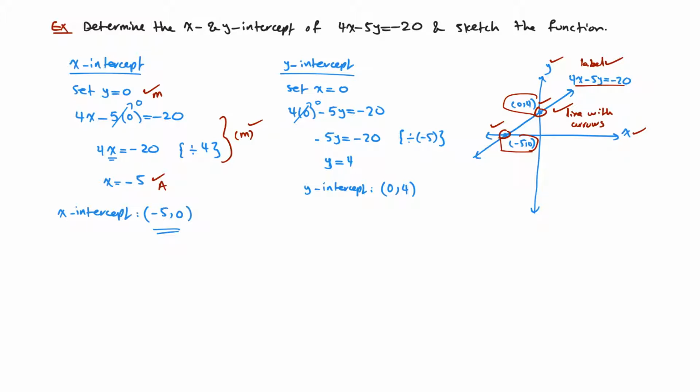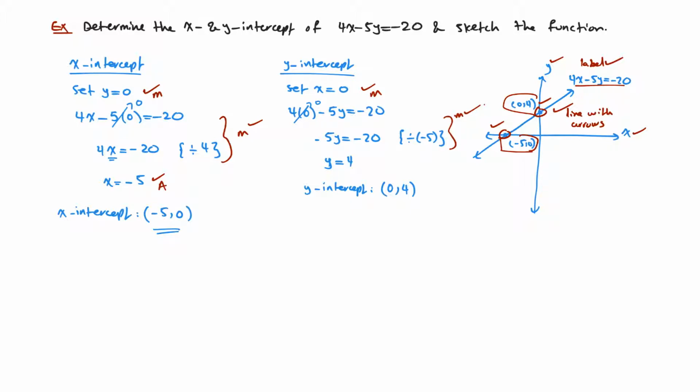And on this side, you need to set x equal to 0, a method mark here. Actually, I kind of want to see it in there. I don't want to give this as an implied. So let's erase these two and actually make it a solid method mark for plugging things in correctly and actually solving things.